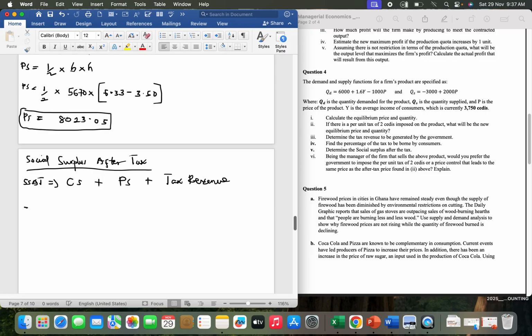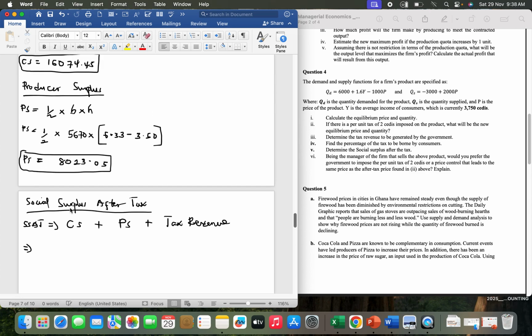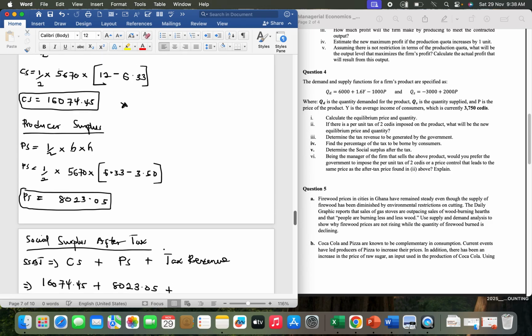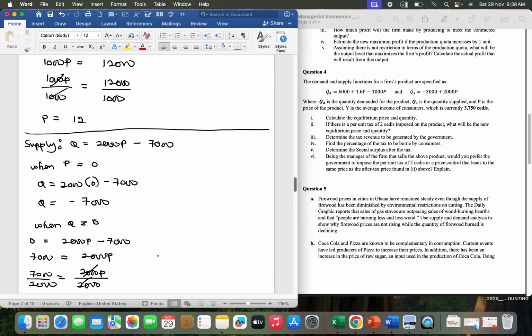The consumer surplus we had was 16074.45, plus producer surplus 8023.05, plus the tax revenue.